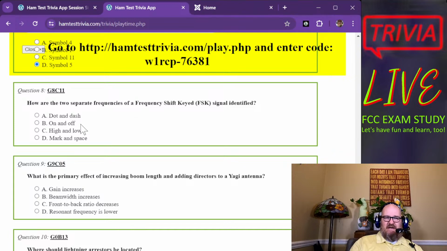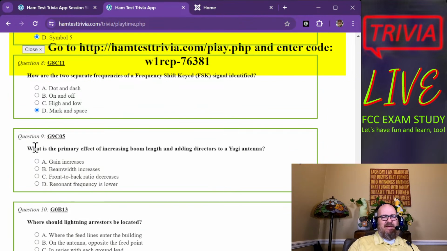Oh my gosh, guys, I'm at a loss. A high and low pitch? No, it can't be. It's two frequencies. I'm going to go with a mark and a space. Mark and space. Just sounds right. Gosh, this is making me feel stupid and we're wasting time.